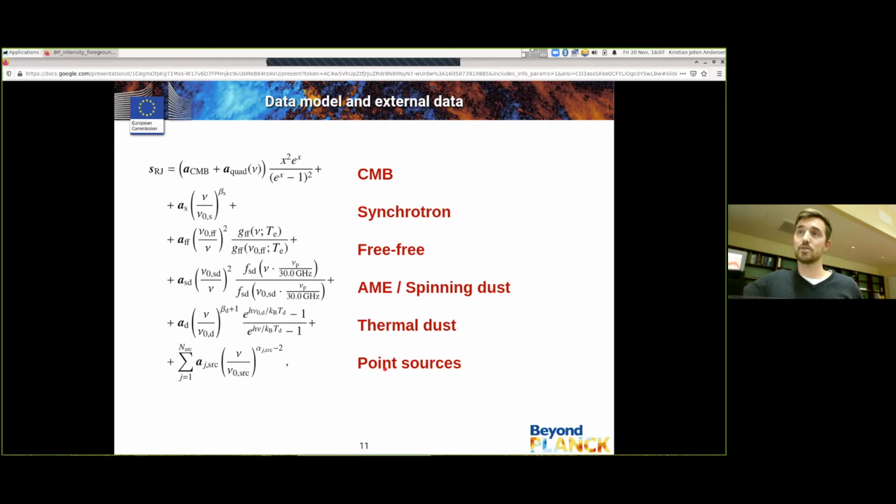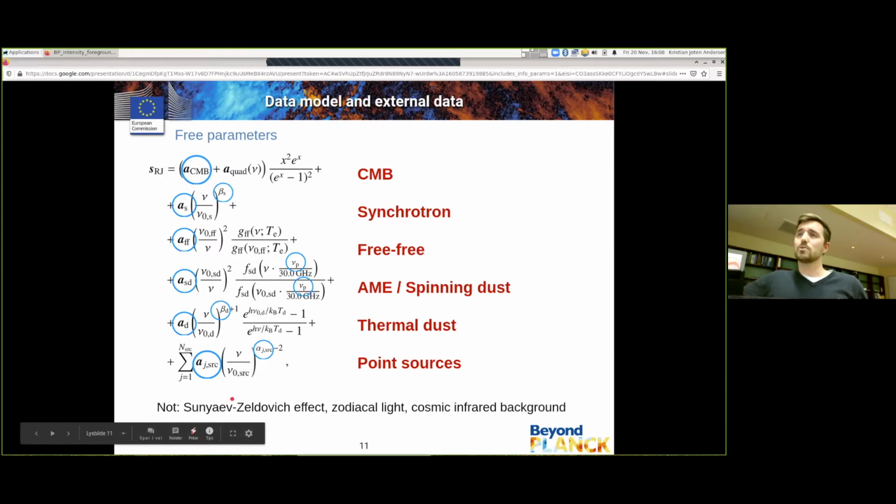And as the component separation code builds on the one used in 2018, we can include them as well. So all the free parameters that we actually sample are marked here in blue, meaning all the amplitudes, with the exception of this amplitude here, which is the kinematic CMB quadrupole, which we just remove as a template from the maps, but we still keep the kinematic dipole in the maps.